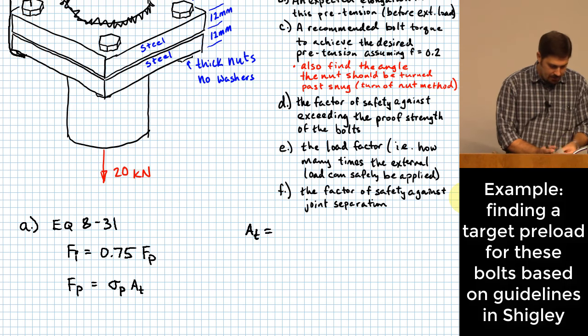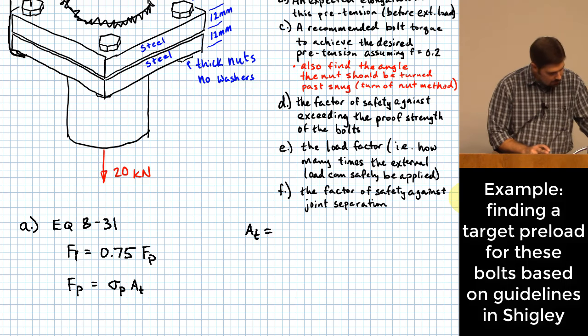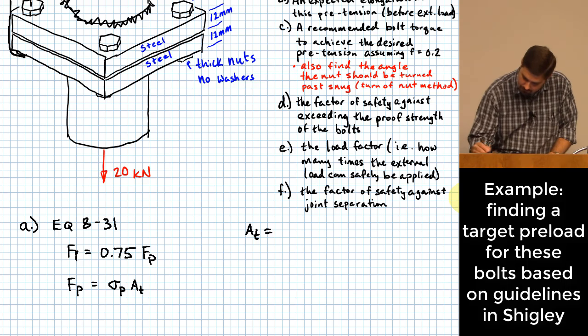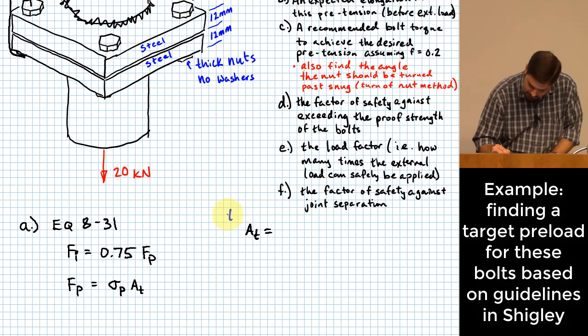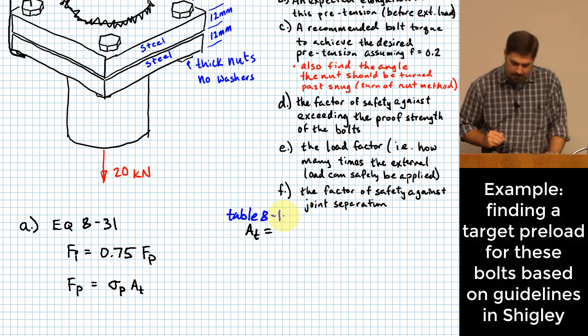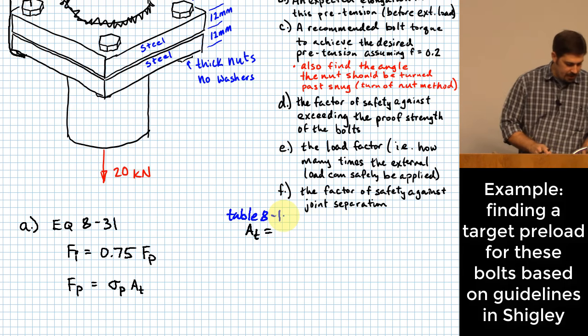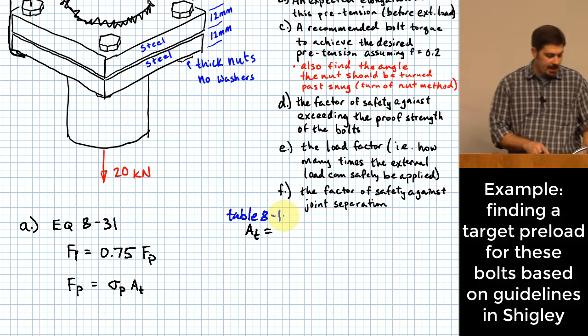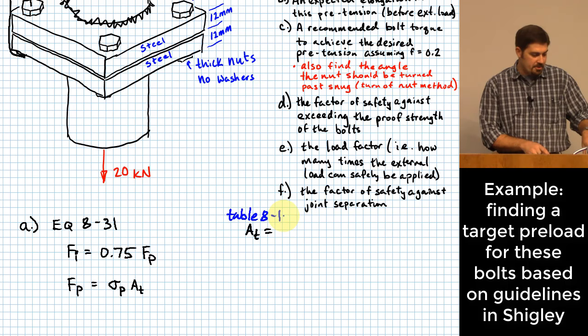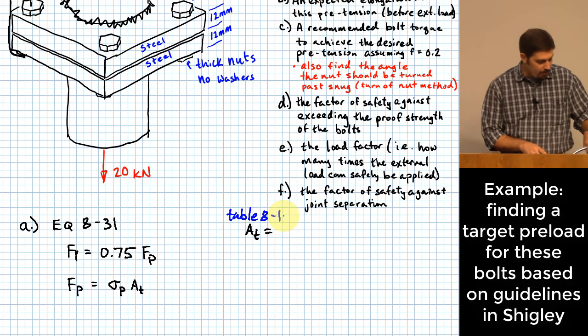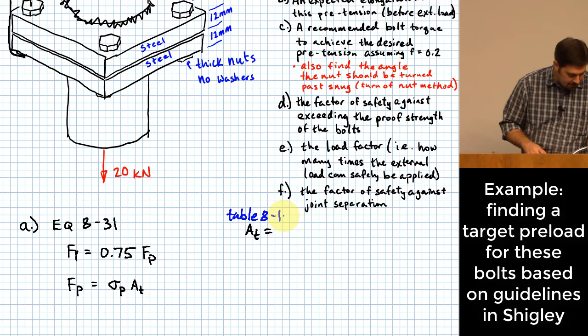That would be on table 8.1 for metric. Okay, so table 8.1. It says here that for an M10, that is the nominal major diameter, so it means we have a 10 millimeter nominal major diameter of our bolt. That's in the left column.